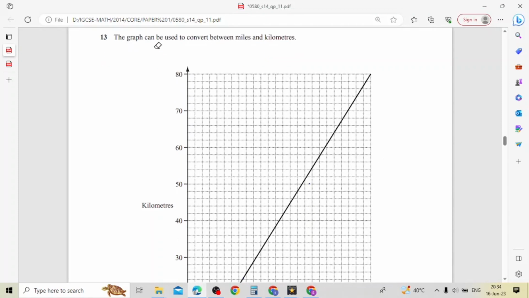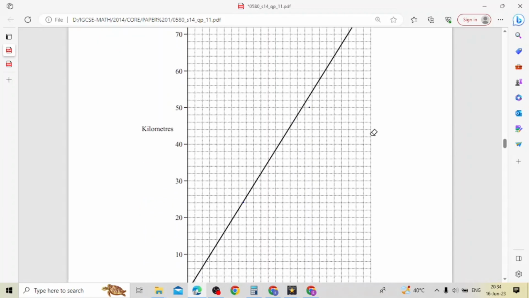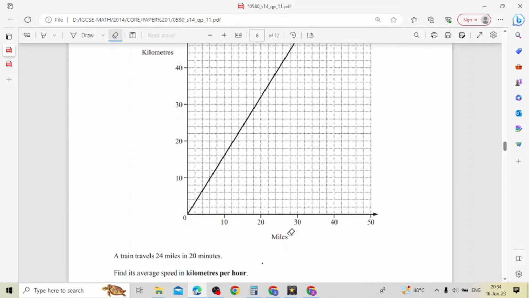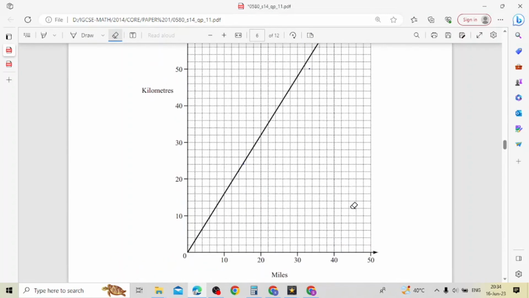The graph can be used to convert between miles and kilometers. Here is a graph of kilometers versus miles. So how to read this graph? If you see here 10 kilometers, we compare it to miles over here.